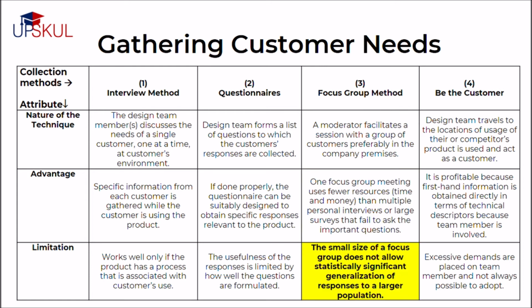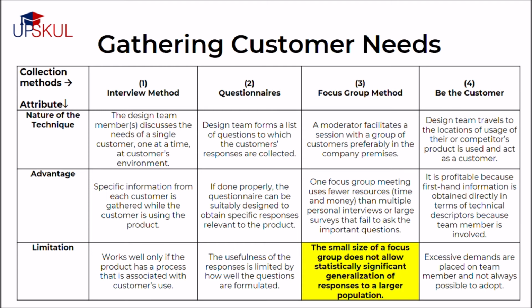The biggest limitation is that if you take smaller groups, then the responses that you get are not statistically significant. So to get significant data, you will always have to have responses from a larger population.